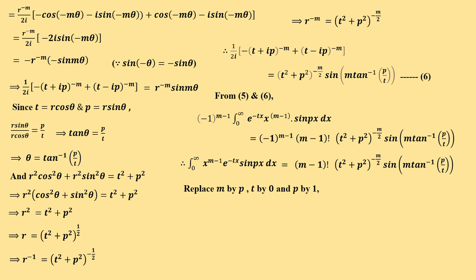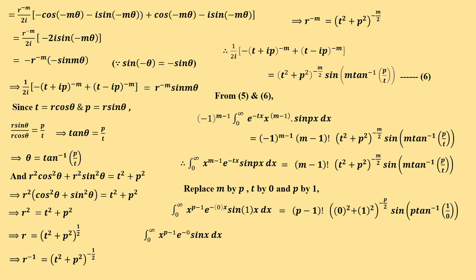Replacing m by p, t by 0 and p by 1, we will get integral 0 to infinity x power p minus 1 e power minus 0 into x sin(1 into x) dx, which is equal to (p-1) factorial (0 square plus 1 square) power minus p by 2 sin(p tan inverse of 1 by 0).